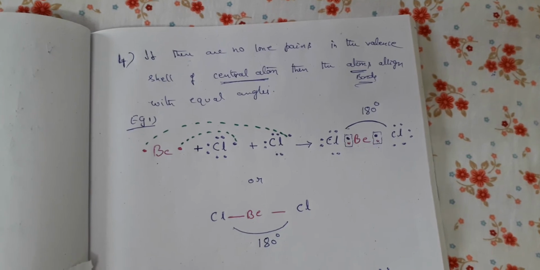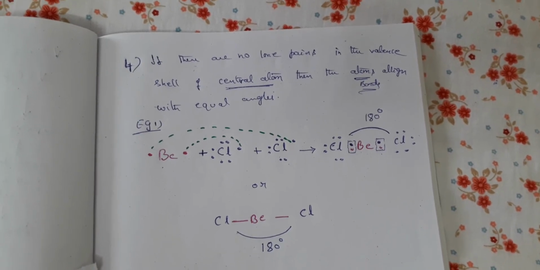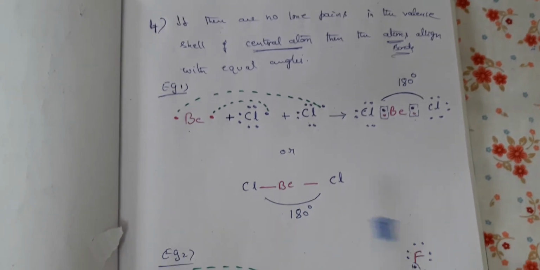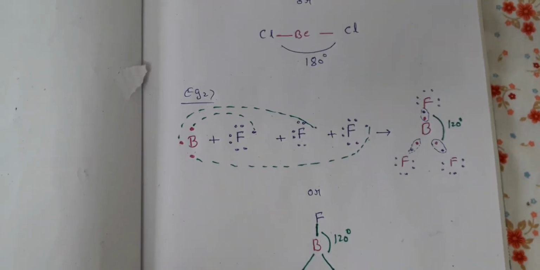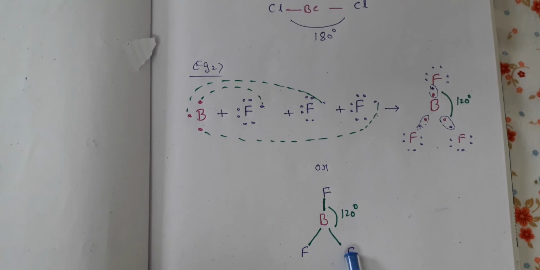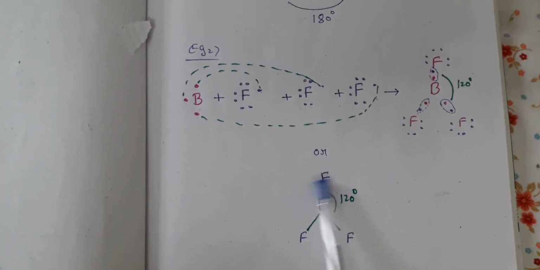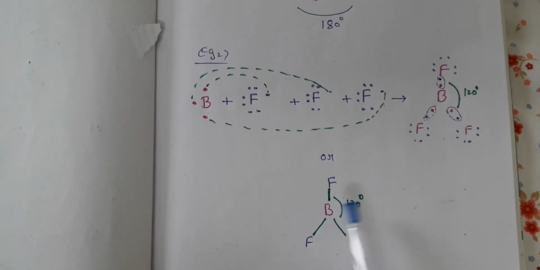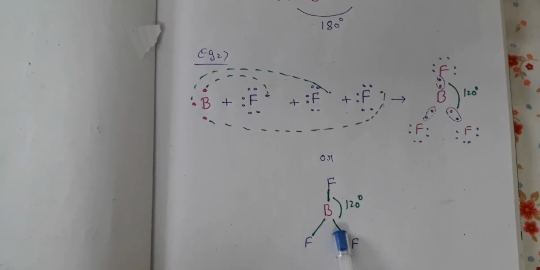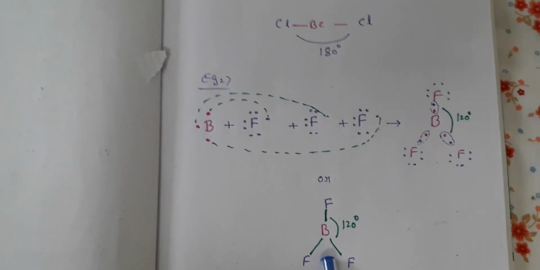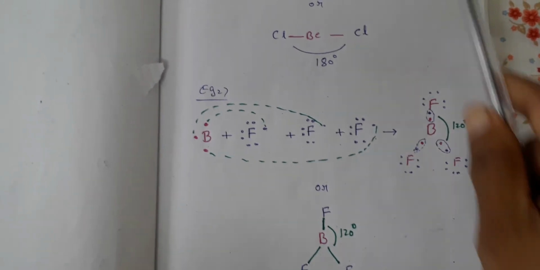Why is it so? Why is methane not following the same rule as in the case of beryllium chloride and boron fluoride? Here 3 atoms are there, no lone pair of electrons, thus 360 is divided by 3 into 120 degrees bond angle. This is appropriately right, and it syncs with the 4th point.